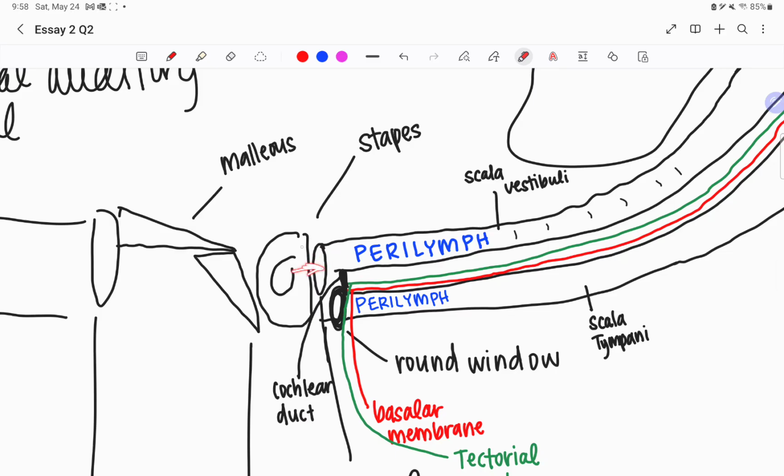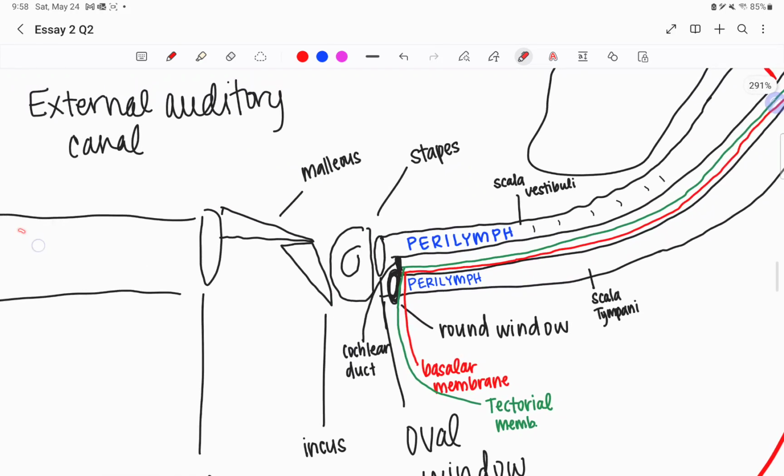And it's kind of beating on it like a drum. So boom, boom, right? However, these little bones here serve to magnify the sound waves that are coming through, so that it has enough energy to create waves here in this perilymph.